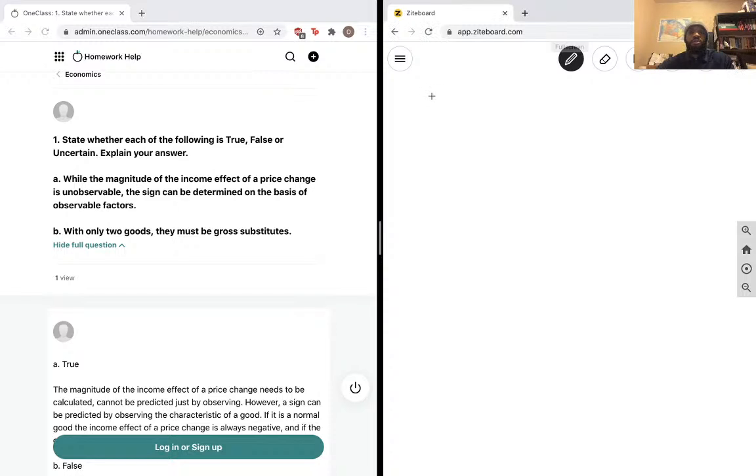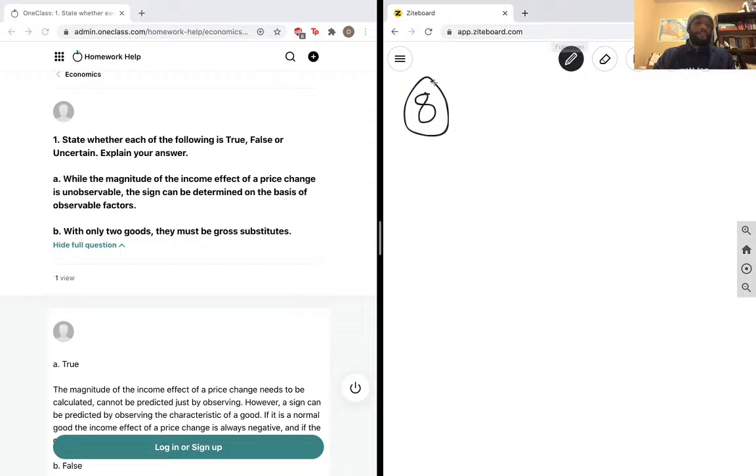I believe this is question number 8. State whether the following is true, false, or uncertain.